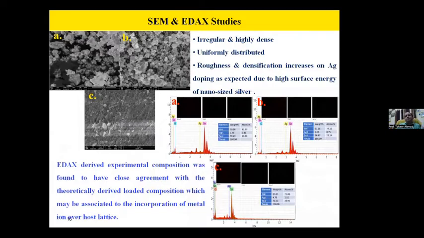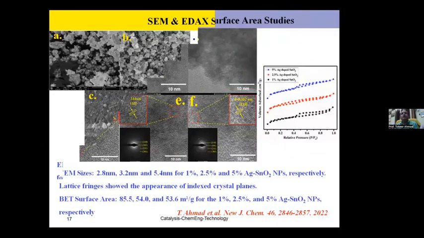This is the elemental mapping as well as the EDX spectra, which shows that the experimentally derived chemical composition was in very close agreement with the theoretically loaded composition, and this is associated with the incorporation of the metal over the host lattice.